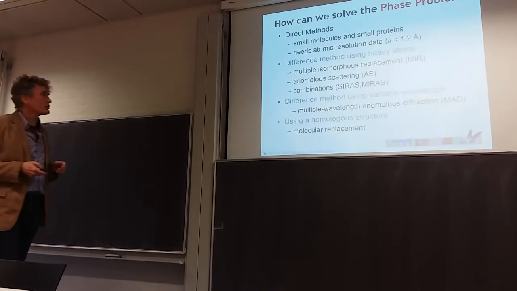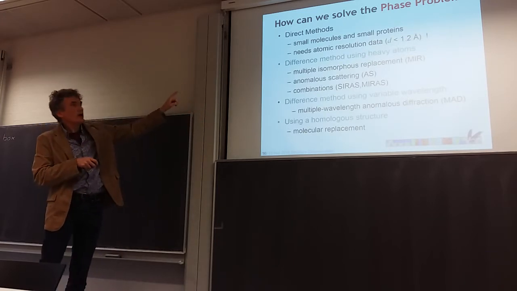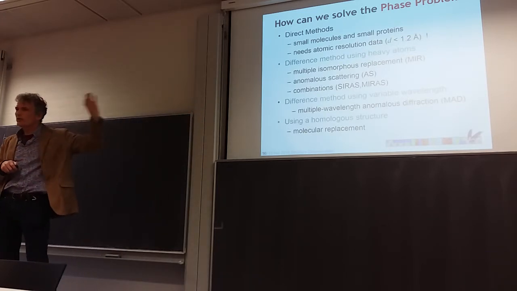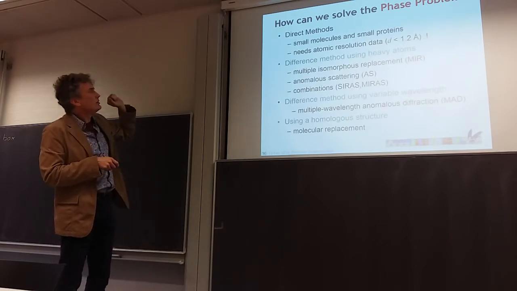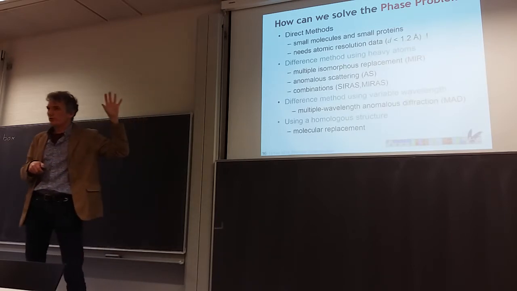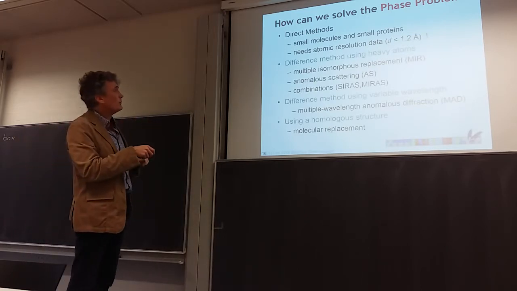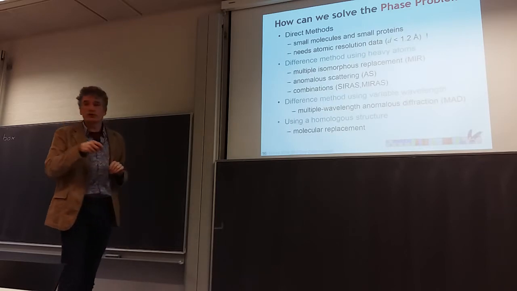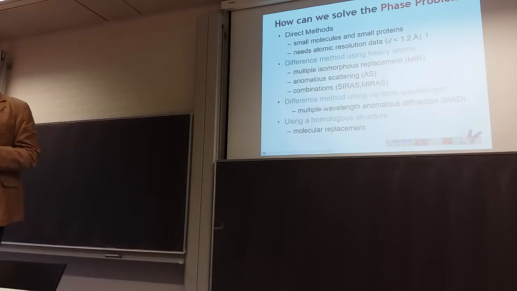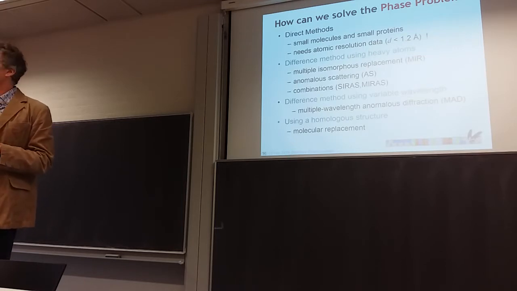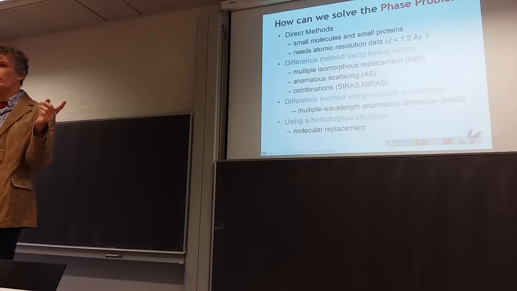Now there are a number of solutions for that. It's not so important to have the details. If you have extremely high resolution data, small distances, then you can sometimes just infer the phases from the amplitudes. There are some tricks where you replace some atoms in your protein with a heavy atom, and then this gives you a shift in the amplitudes.